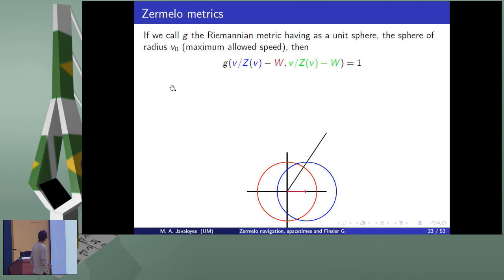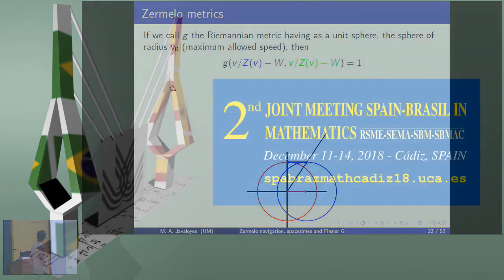If I consider an arbitrary point v, the first thing is I have to compute v over F of v, which is this one. And then I have to translate it, with this here being minus w. This is w, the wind. And this is minus w.